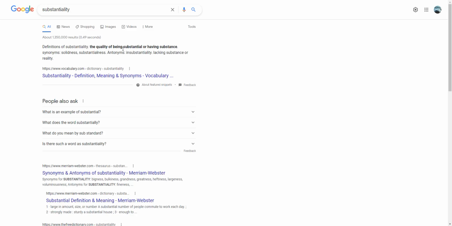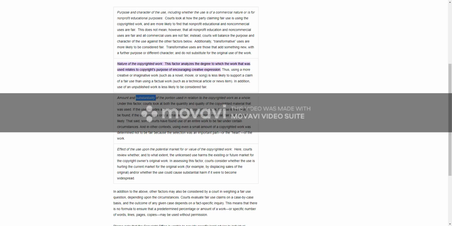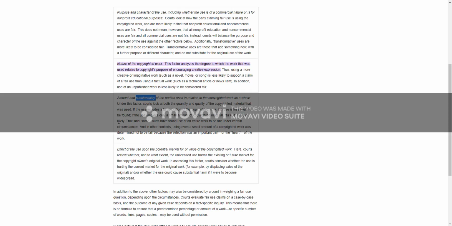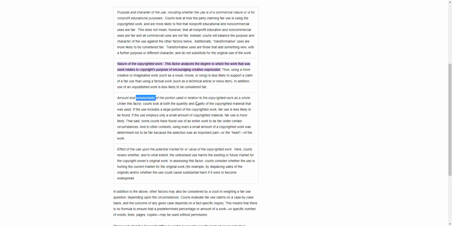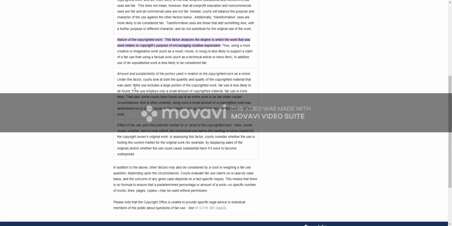It means the quality of being substantial or having substance. Okay, good. The amount and substantiality of the portion used in relation to the copyrighted work as a whole. Under this factor, courts look at both the quantity and quality of the copyrighted material that was used. If the use includes a large portion of the copyrighted work, fair use is less likely to be found.